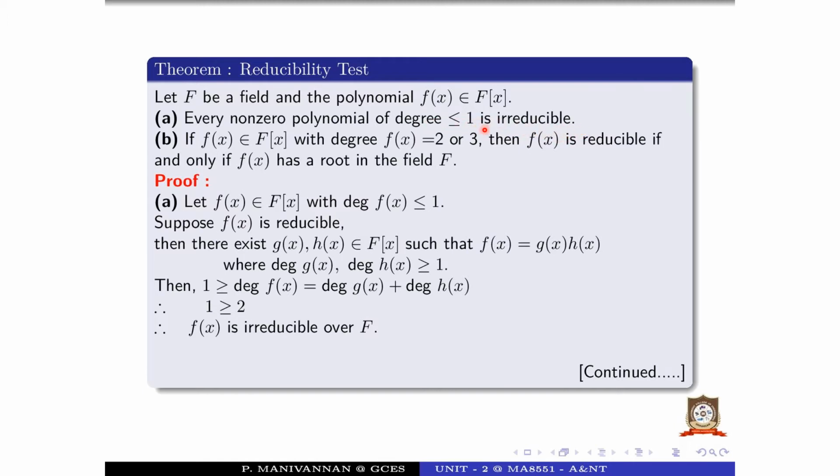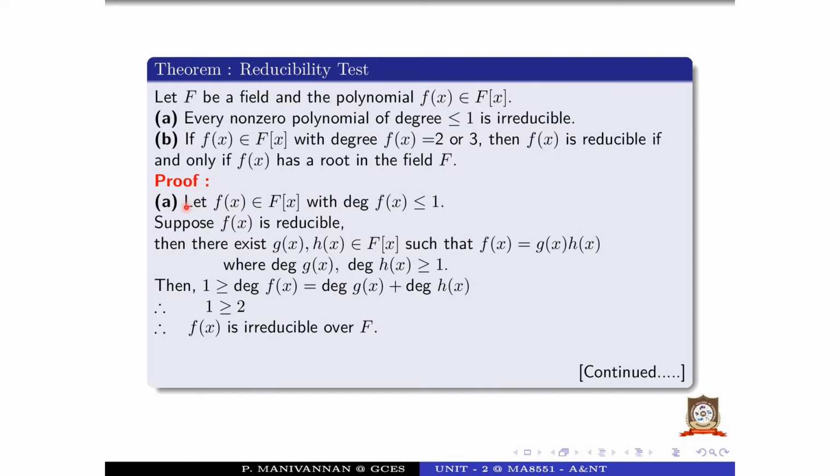The second condition, if f(x) belongs to F[x] with the degree of f(x) equal to 2 or 3, only 2 or 3, then f(x) is reducible if and only if f(x) has a root in the field F. This condition is only for degree of f(x) equal to 2 or 3. If degree is 1, then it is said to be irreducible.